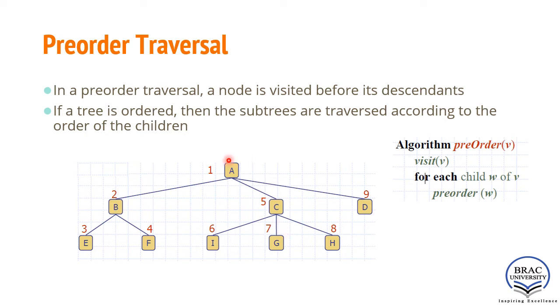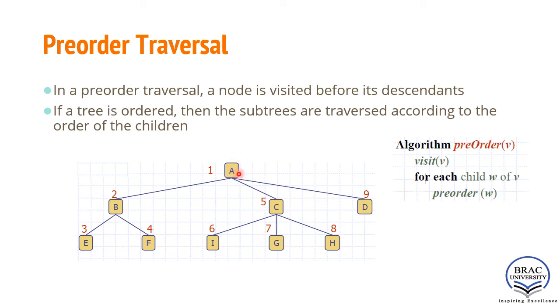So if we visit this tree in a pre-order traversal, then what will be the output? At first we start with the root. So we go to the root, then this is the root node. As we traverse it using pre-order traversal, will we print it or not?